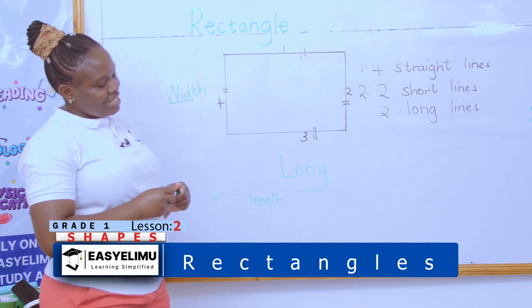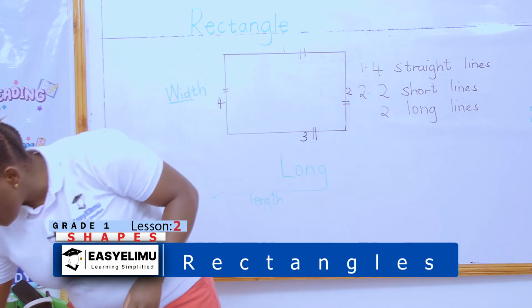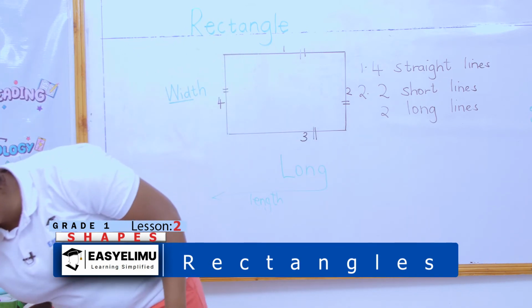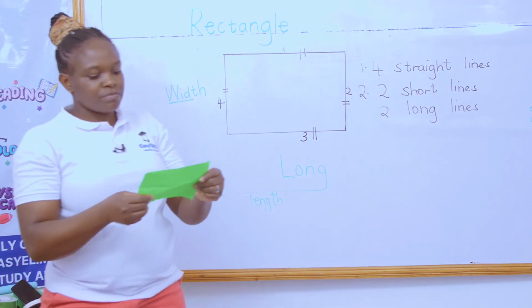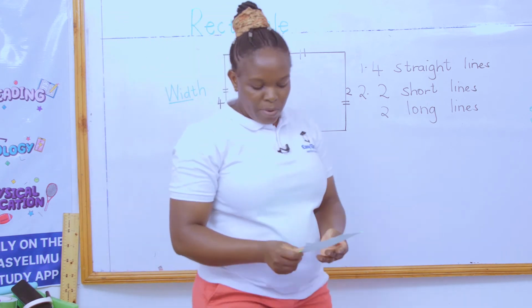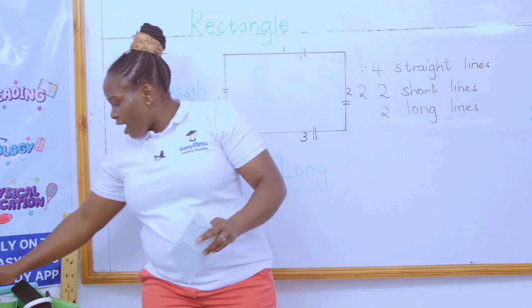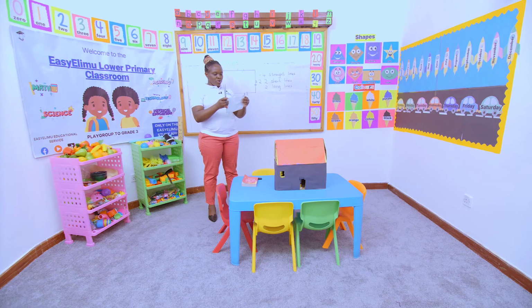Little angels, now, during the free time, I want you to take the carton box. We have carton box behind the class. I want you to measure nicely and cut the rectangle shapes. You make sure you measure it nicely. I want to see that rectangle coming out clearly.